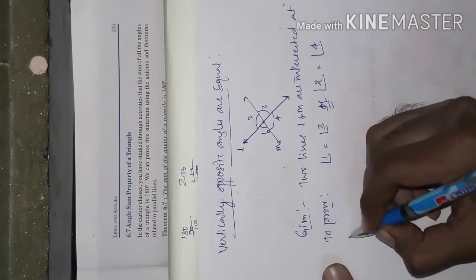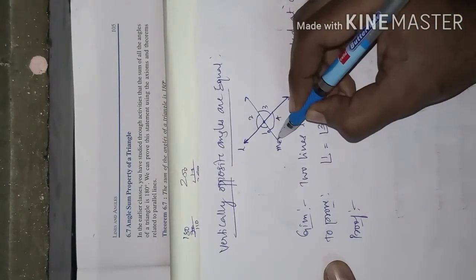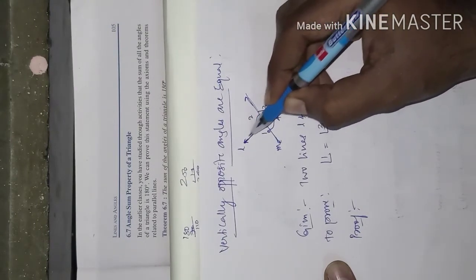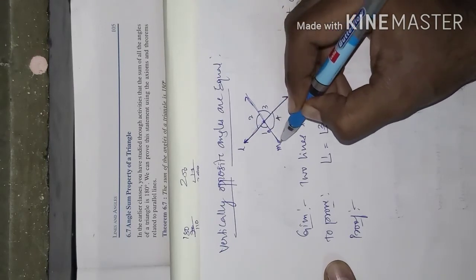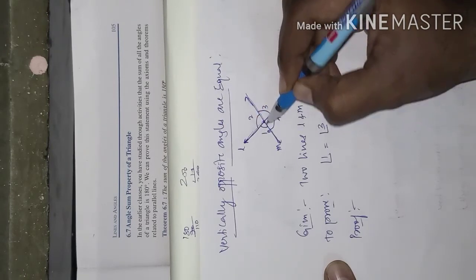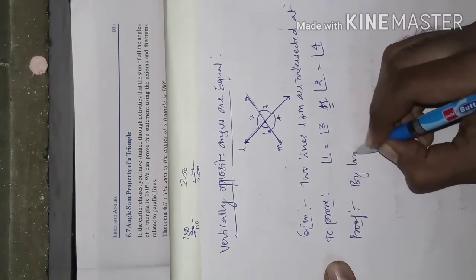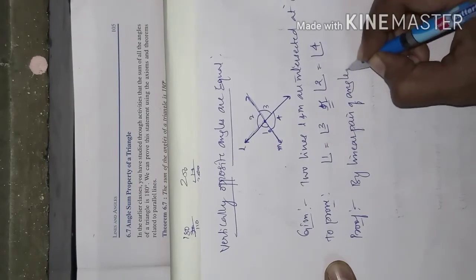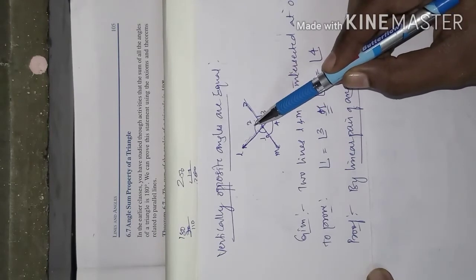Now proof. As this is a line M and this is a ray OL, can we apply linear pair for this? We can apply linear pair easily. By linear pair of angles, angle 1 plus angle 2 is equal to 180 degrees.